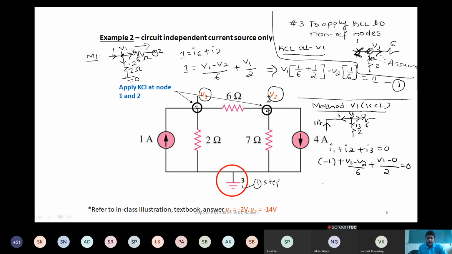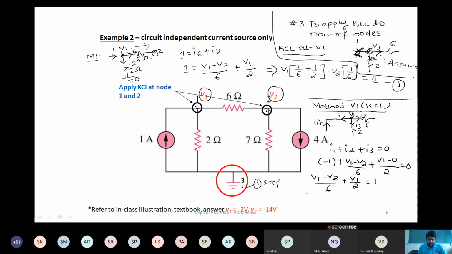If you rewrite this equation, you will get back the same equation as in equation number 1. So this will be V1 minus V2 divided by 6 plus V1 by 2 equal to 1.